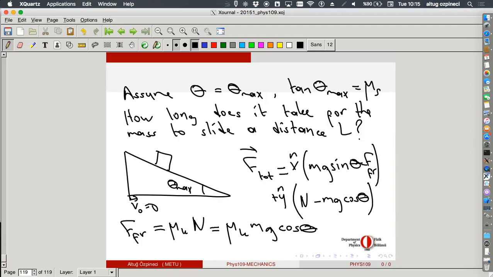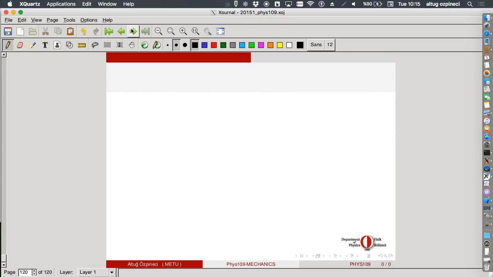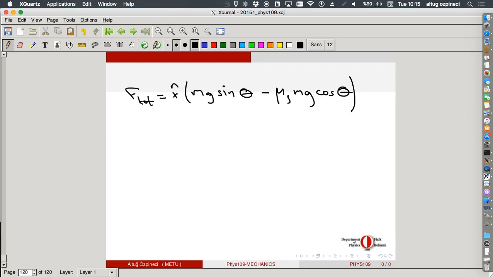So that allows me to determine the normal force to be mg cosine theta. So the total force is in the x direction. There is the component of the weight minus the friction force, which is mu k mg cosine theta. This is the total force.